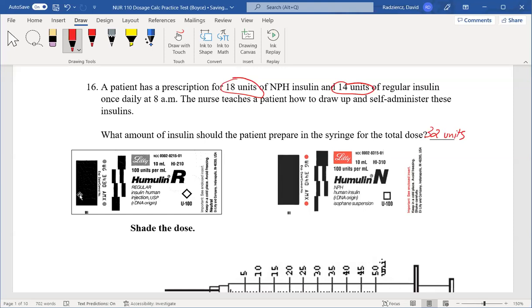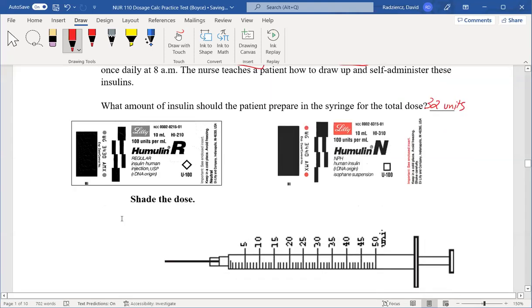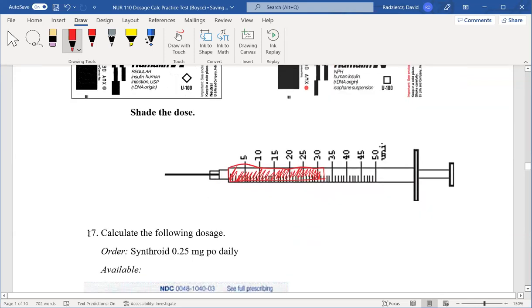Then you're just going to mark it on the syringe, 30, 31, 32, and shade in the syringe, indicating 32 units.